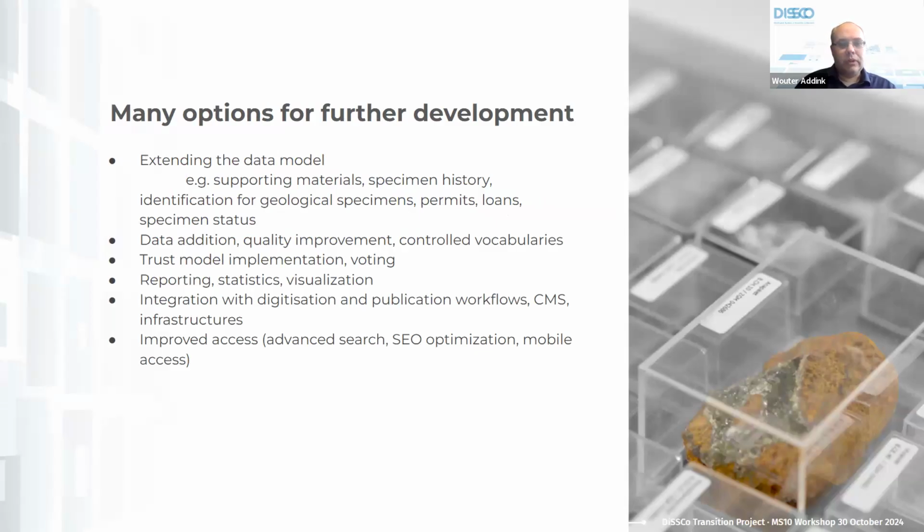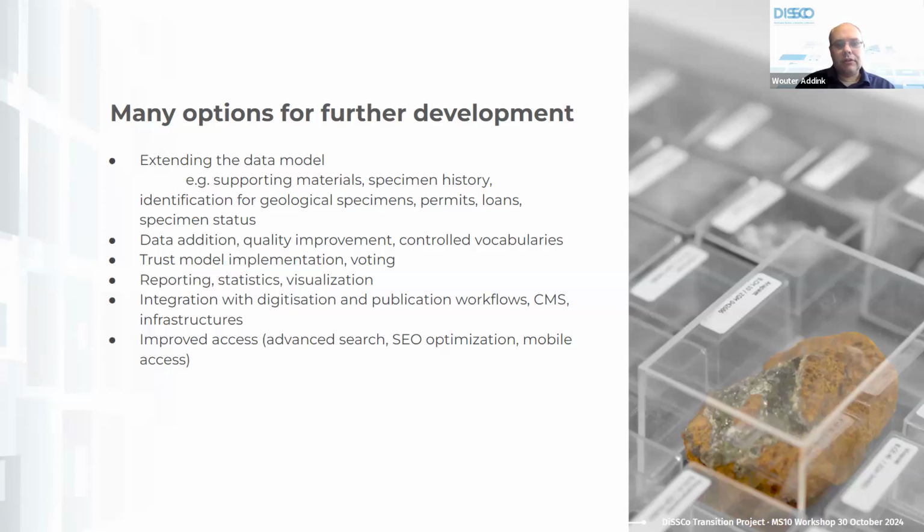One thing that we could do is focus on extending the data model with missing information like supporting materials, more information about specimen history, the identification for geological specimens, information about permits, loans, specimen status, and there may be other things that you want as well.